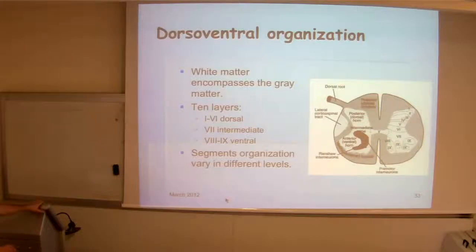So if you cut through, you'll see that the butterfly changes shape, but the general structure is very similar. You have the dorsal part, or posterior horn, and the ventral horn. In the ventral horn, you have the motor neurons. And what we're going to talk about right now is how these loops are closing.